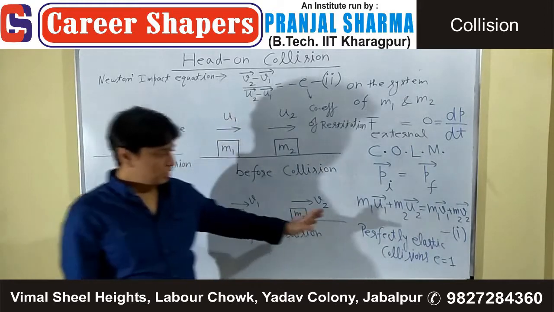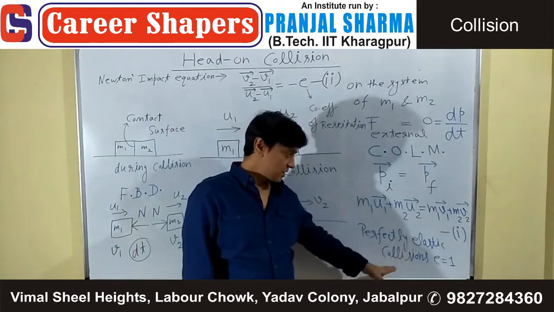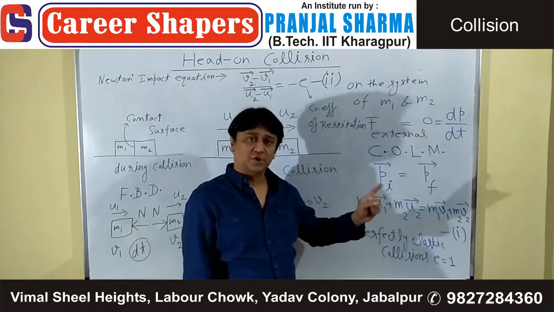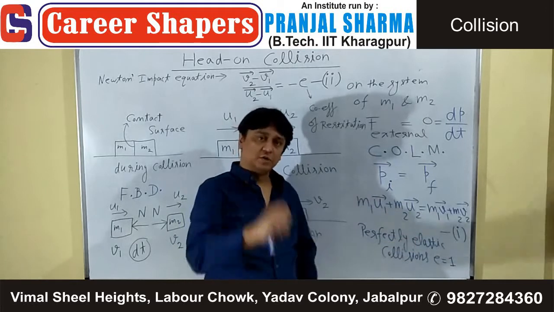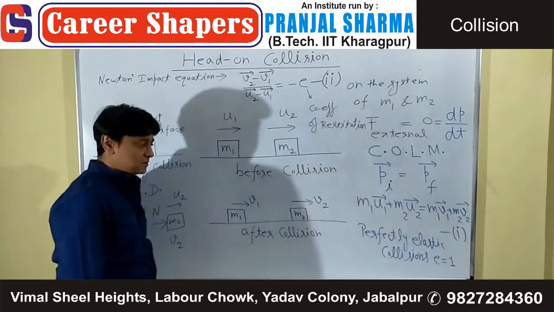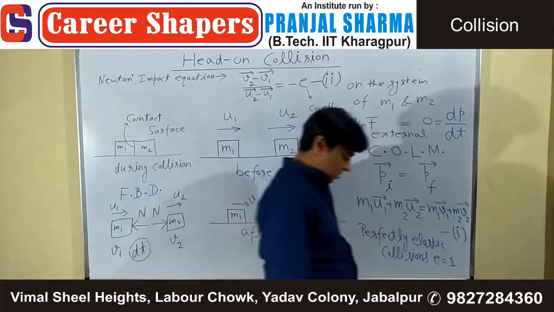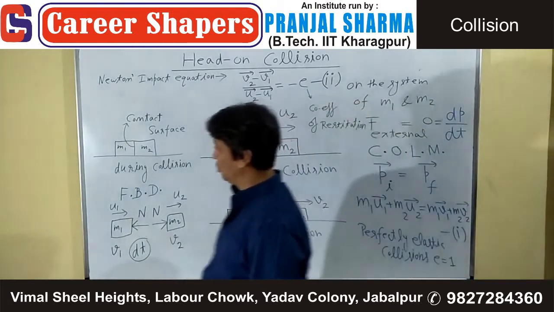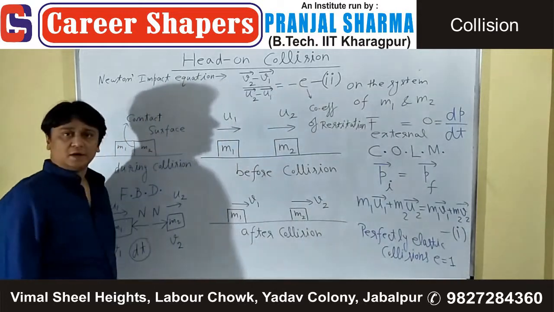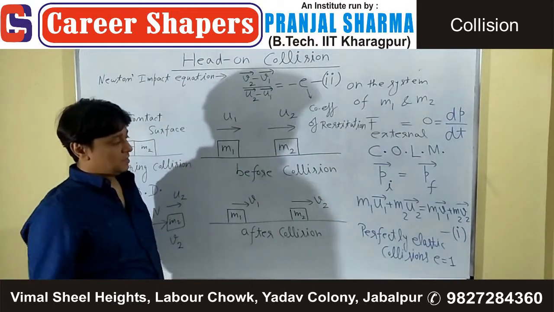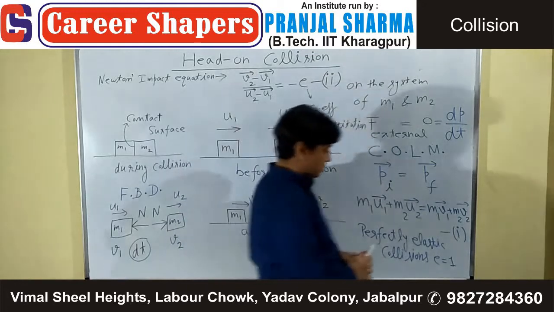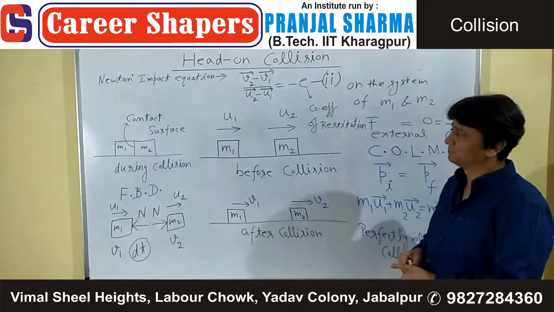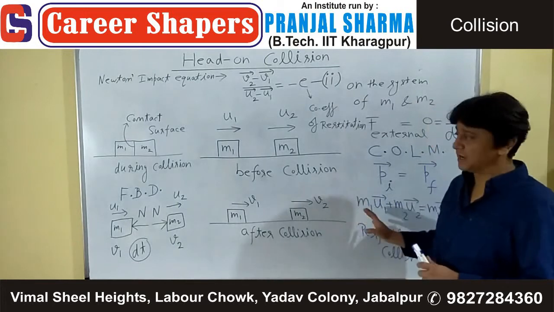Remember this. When you say perfectly elastic collision, it means no loss of energy takes place. Write down: perfectly elastic collision means no loss of energy takes place. That's called perfectly elastic collision.